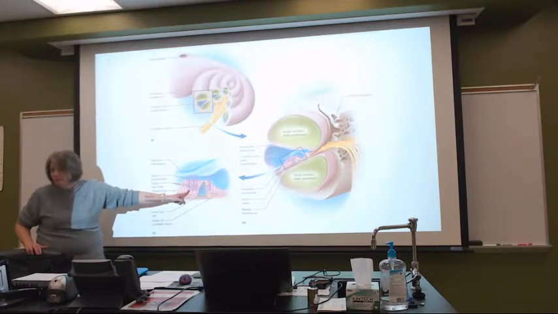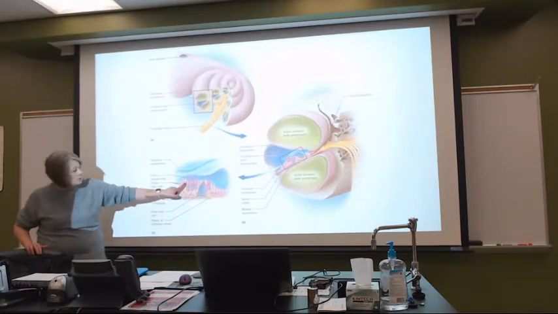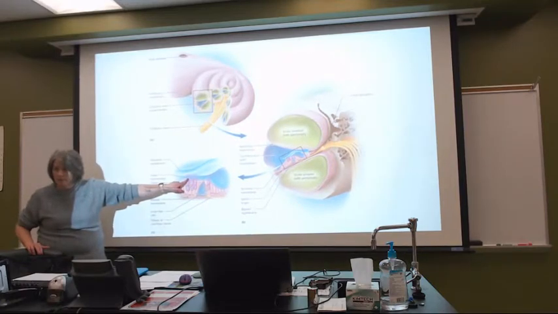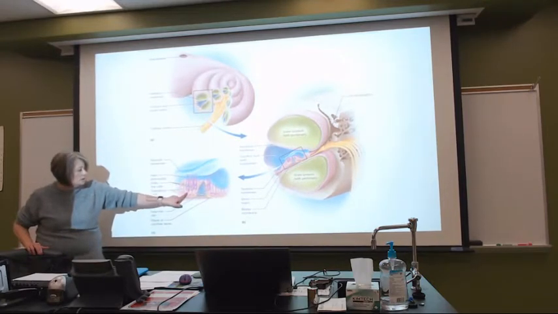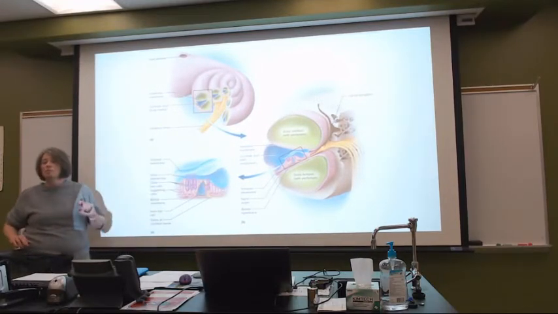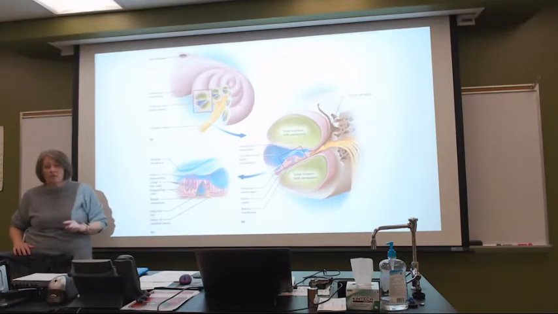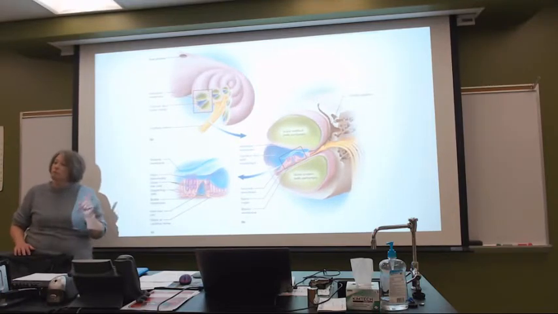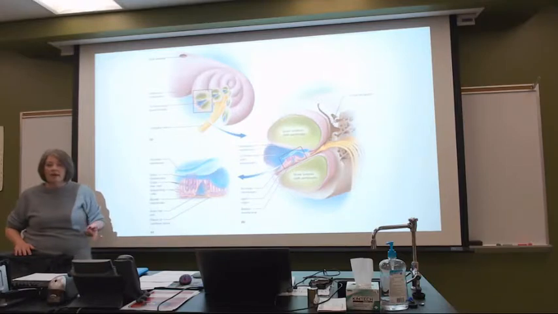There's more than one. We have several cilia to one cell connected to a nerve fiber that is going to make its way to, in this case, since it's the cochlea, the cochlear portion of that nerve.